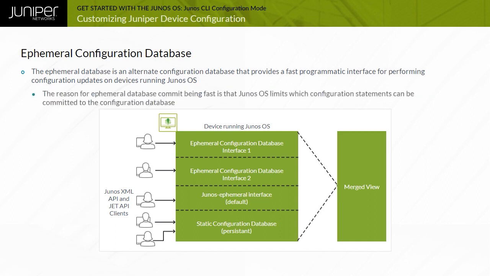Another reason an ephemeral database commit is so fast is that Junos OS limits which configuration statements can be committed to the configuration database. Regardless of which database receives the configuration changes, all changes are merged to create a merged view as shown. If there are conflicts between databases, the ephemeral configuration database instance 1 takes priority, followed by the others.